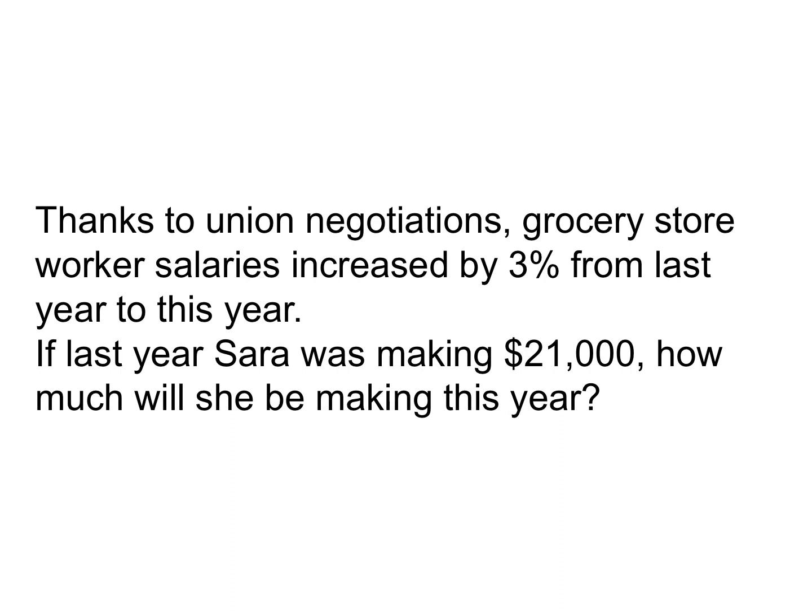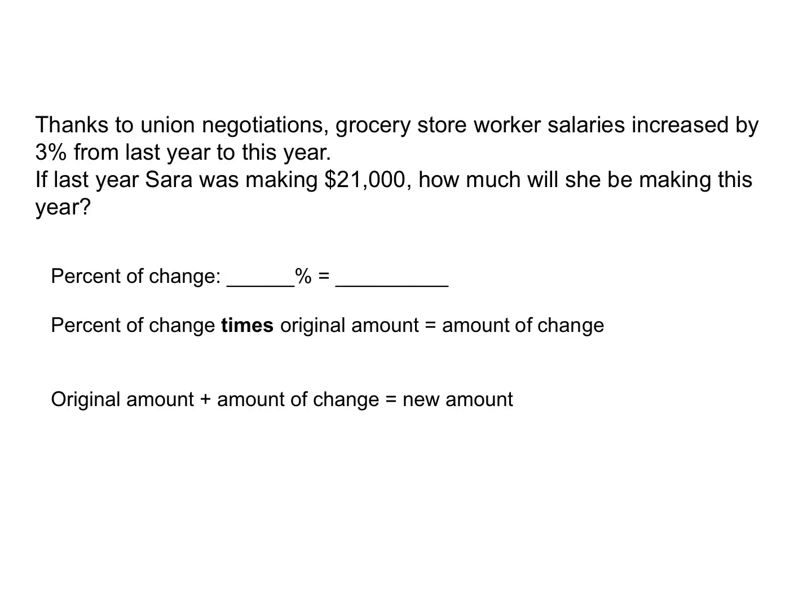If last year Sarah was making $21,000, how much will she be making this year? So the first thing we're always going to need to do is, when we have a percent, we're going to need to change it to a decimal. So we have 3%. To go from a percent to a decimal, we are going to divide by 100. So that'll get us 0.03.